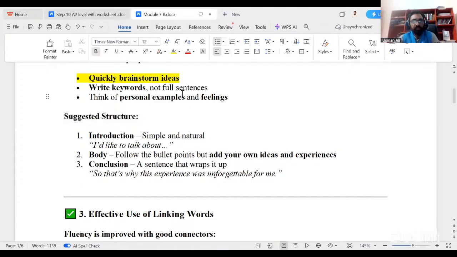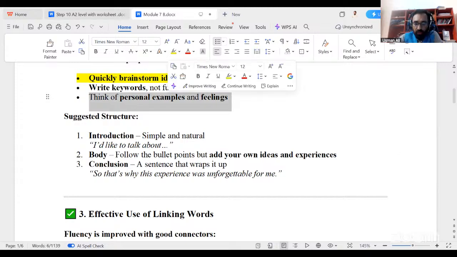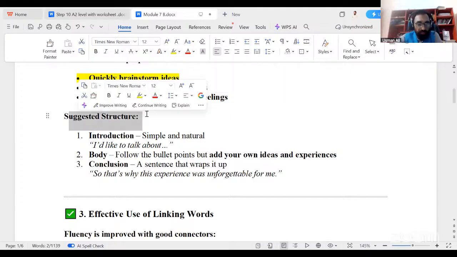Write keywords, not full sentences. You have to think about personal examples and feelings, right? So, structures in your IELTS speaking part.